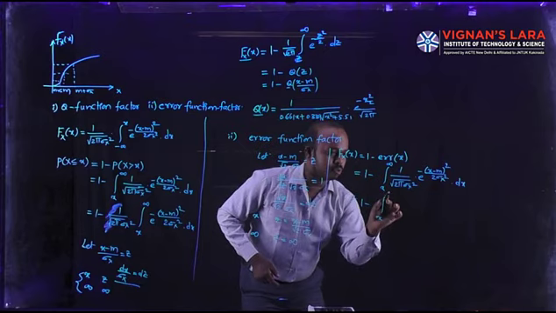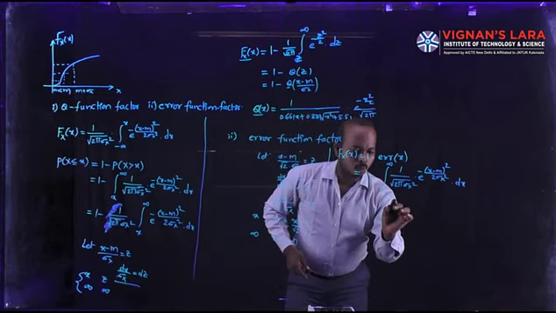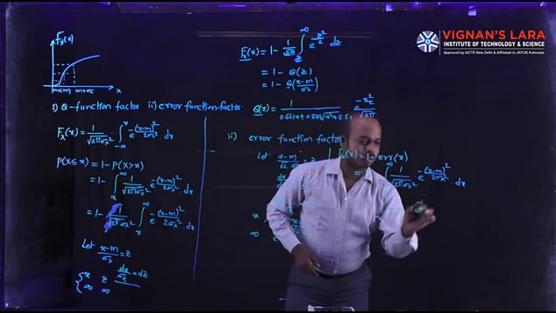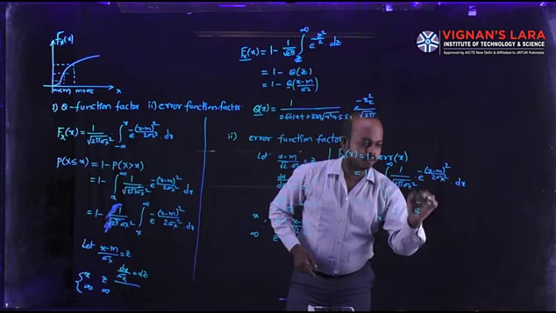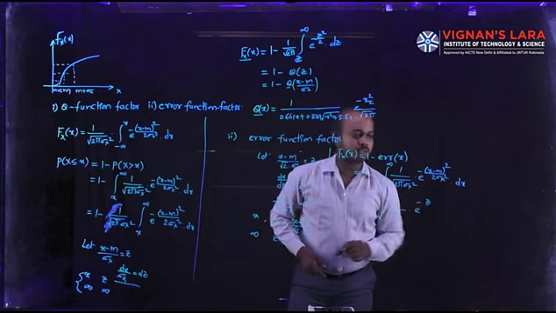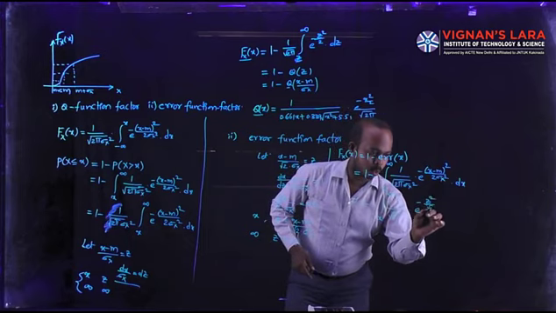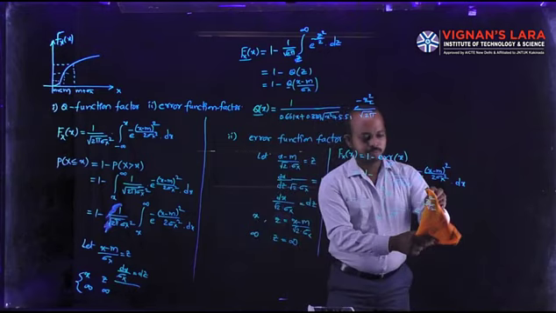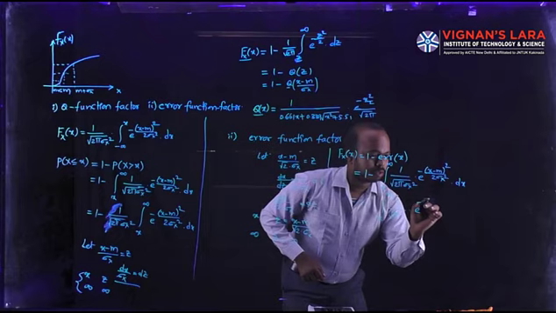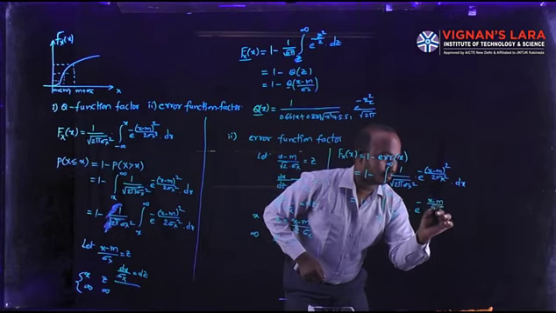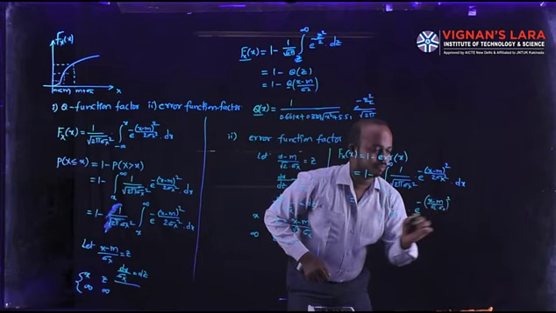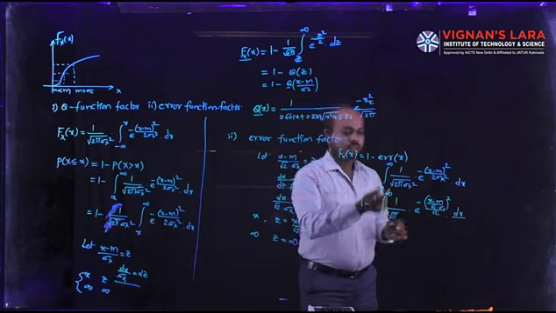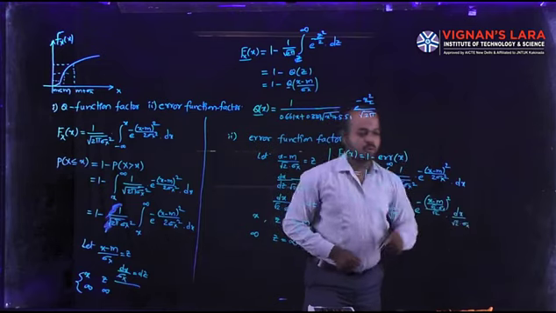Integral x to infinity, 1 by square root of pi into e power minus z square, with x minus m divided by root 2 sigma x whole square, and dx divided by root 2 sigma x.